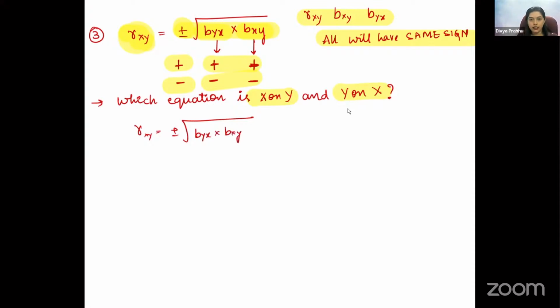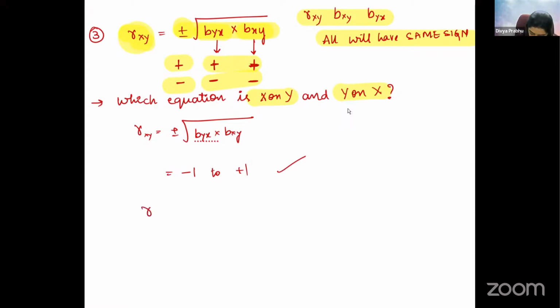So after doing this, if the value of rxy ranges between -1 to +1, if the value of r you are getting comes within -1 to +1, then your assumption is correct. Whatever you have assumed for the equation, x on y or y on x, is absolutely correct.